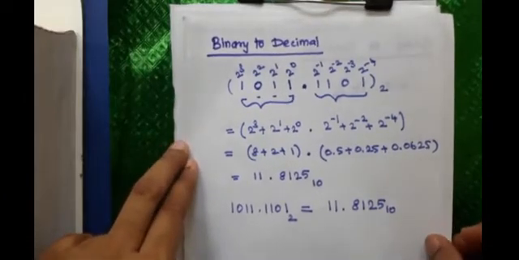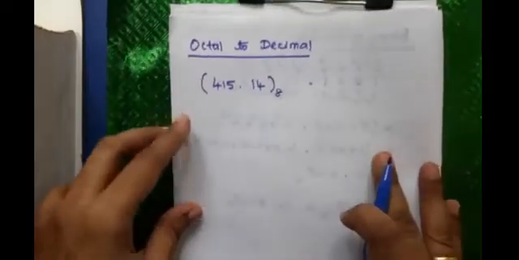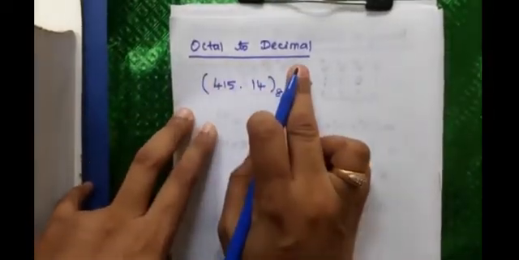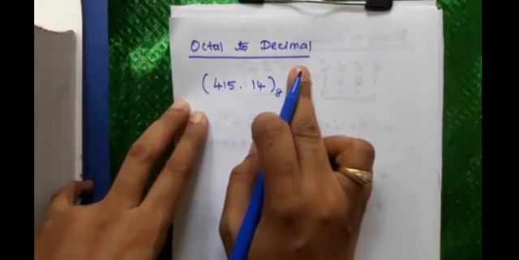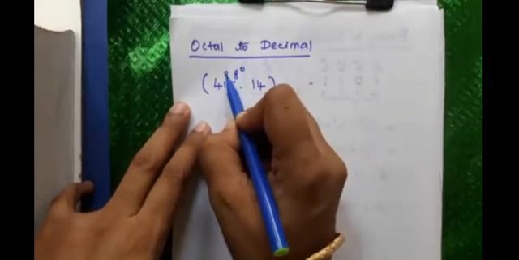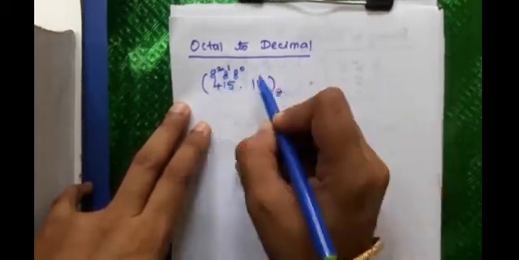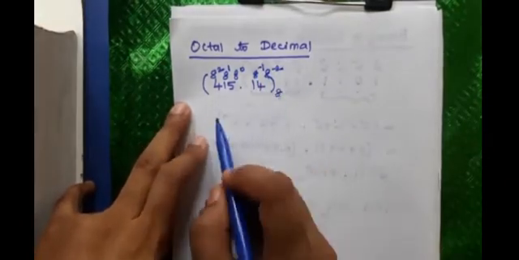Similarly, I can also convert an octal number into a decimal number. The same procedure, but the positional weights are to the power of 8. In this case, it is 8 power 0, 8 power 1, 8 power 2, 8 power minus 1 and 8 power minus 2 when it comes to the fractional part.